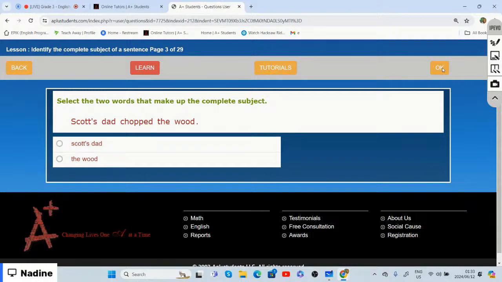So we need to select the two words that tell us either who or what is doing something. Is it Scott's dad that is doing something or is it the wood that is doing something?